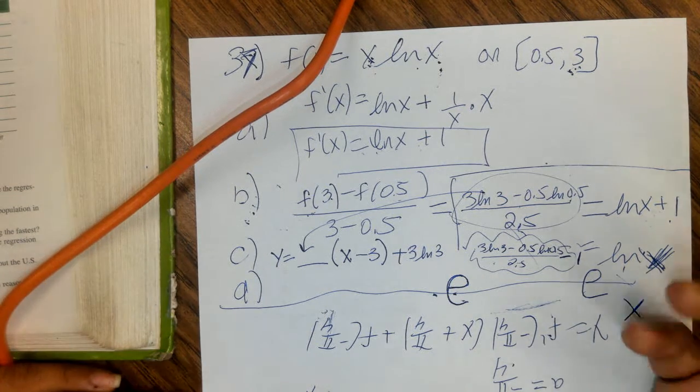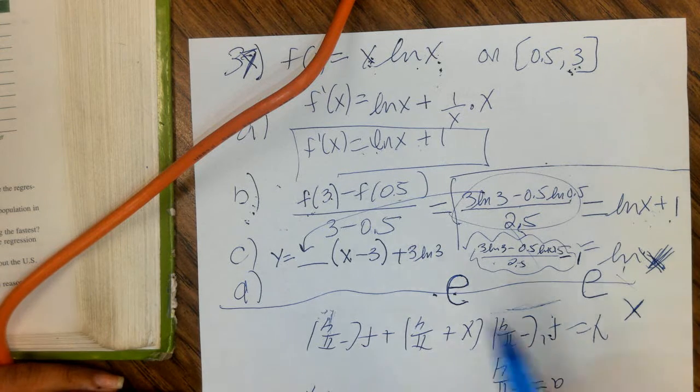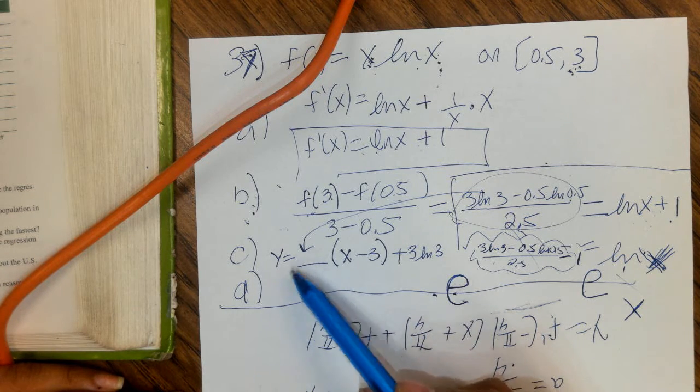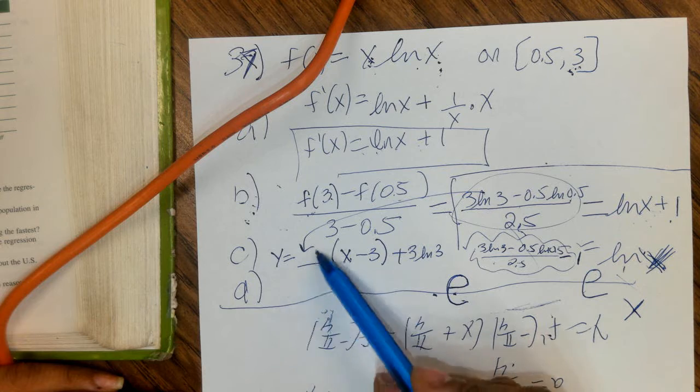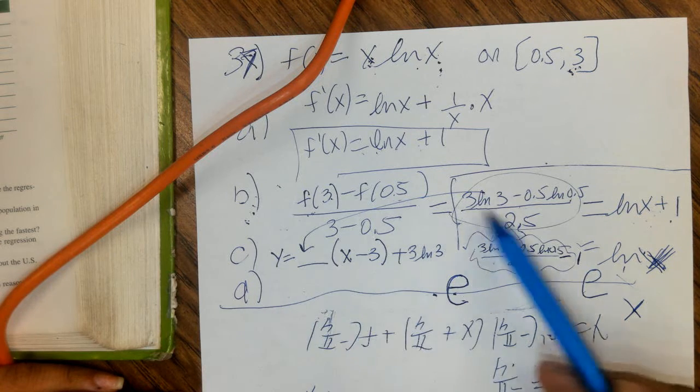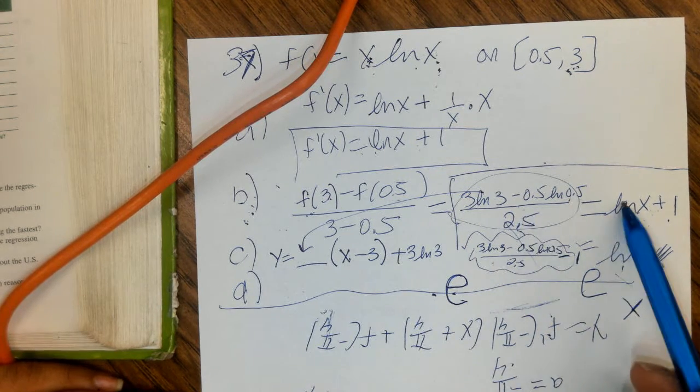Wait, I'm so sorry. I'm just making it so much more complicated. I apologize. The secant line and the tangent line are going to be parallel. So if the slope of the secant line is this, like duh, we put them equal to each other.